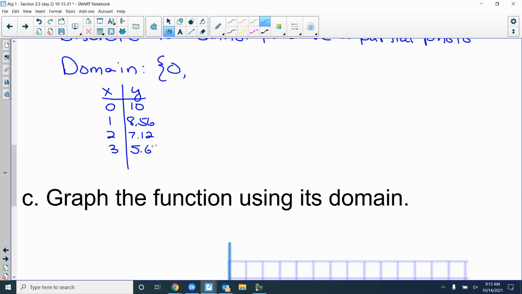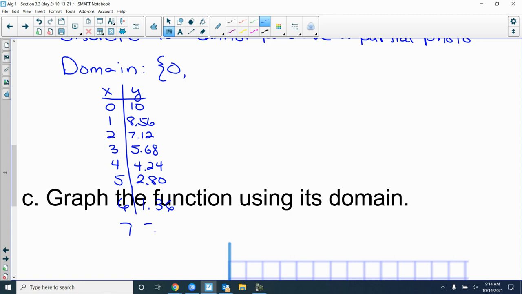I'm going to run out of room. If I get 4, what is that? It gives me 4.24. We're getting closer. How about 5? That's going to give me 2.80. How about 6? 6 will give me 1.36. What about 7?